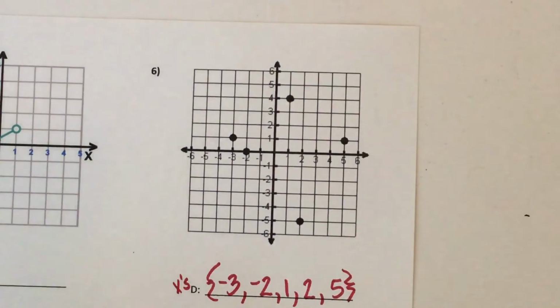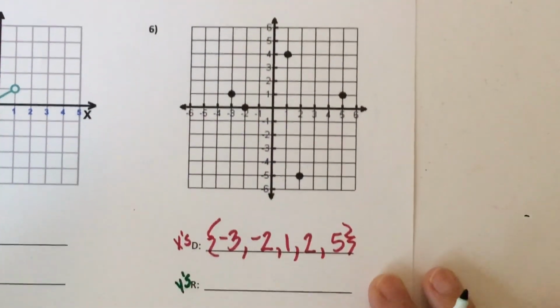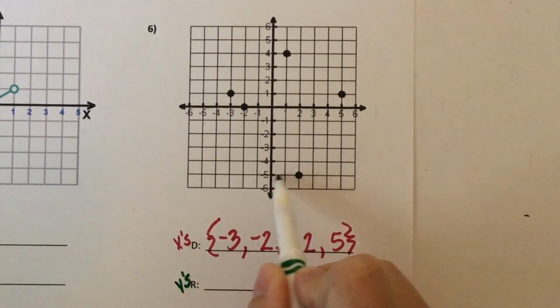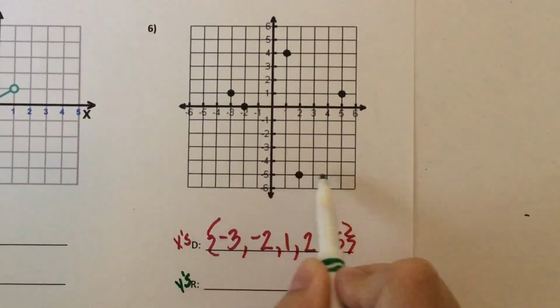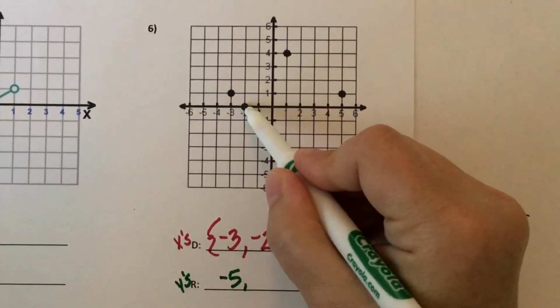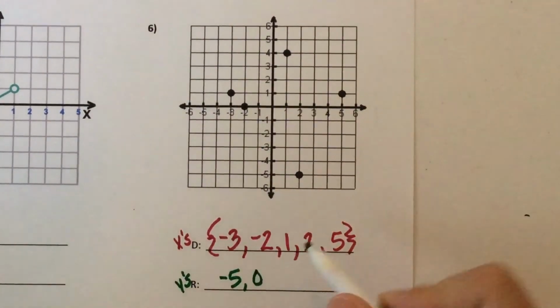Okay, let's look at range. Range are your y's. Now we're looking up and down, and I'm going to start with lowest to highest. So down here, this is my lowest y, and who is this y value? -5. Okay, my next lowest is right here, and the y value right there is 0 because you're not up or down off the x-axis.